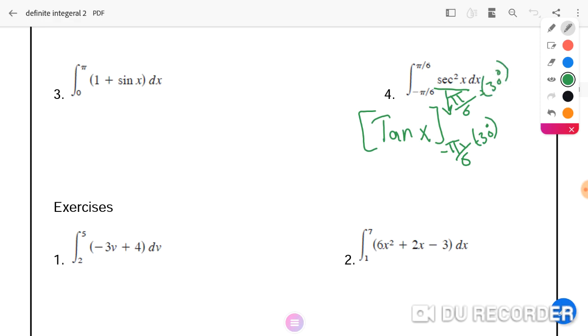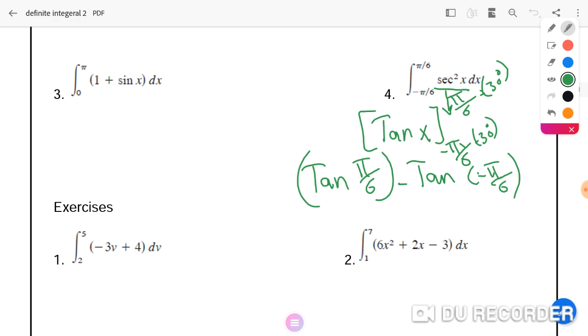Okay, now it will be tan, okay, if your calculator is in radian mode, you can write pi over 6. Okay, minus tan negative pi over 6 if your calculator is in radian. If it is in degree, you can enter what? 30 degree.